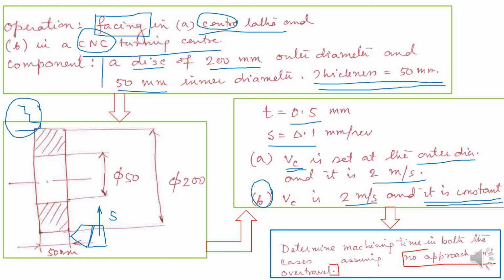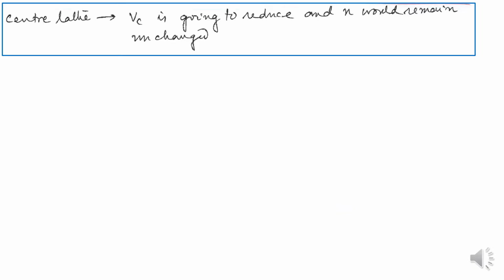Now, let us solve the first part of the problem. In a center lathe, as you can recall, as you go towards the center of the job during facing operation, your cutting velocity is going to reduce because the instantaneous diameter would reduce, and the rotational speed, the N, the rotational speed of the spindle, would remain unchanged.